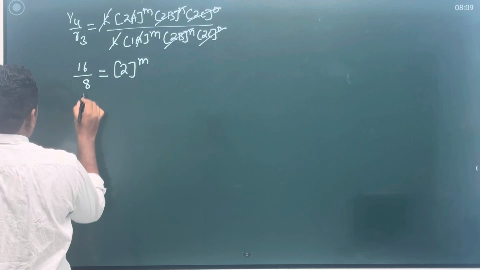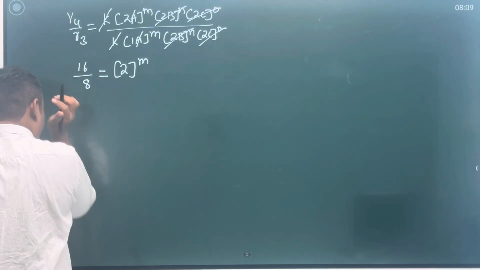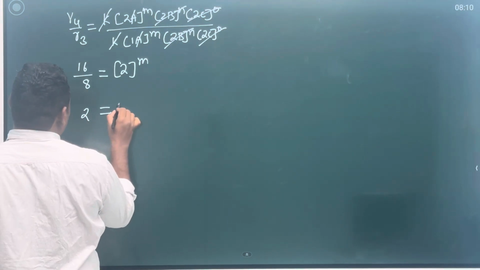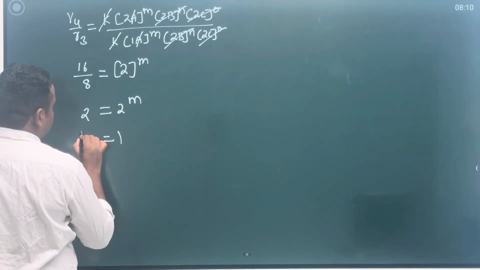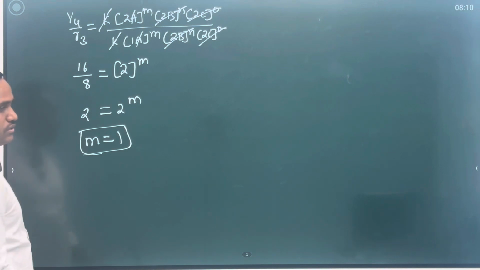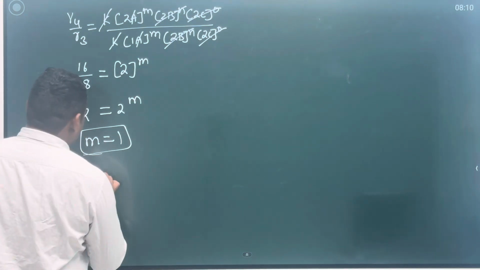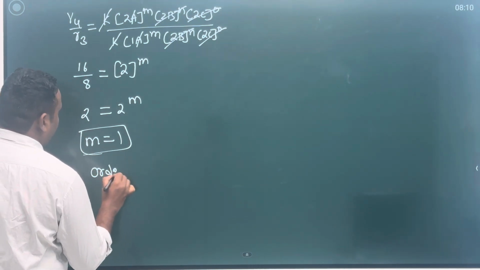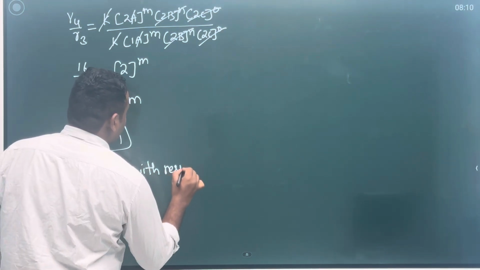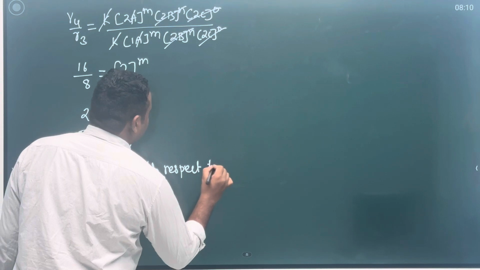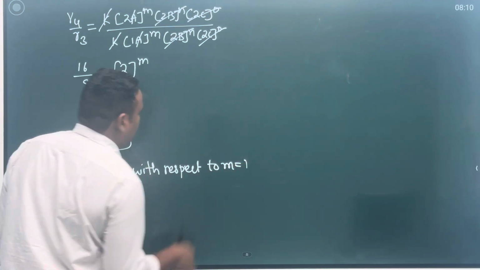So 16 by 8 means it will be 2. 2 is equal to 2 power m. Therefore m is equal to 1, means order with respect to a is also 1.